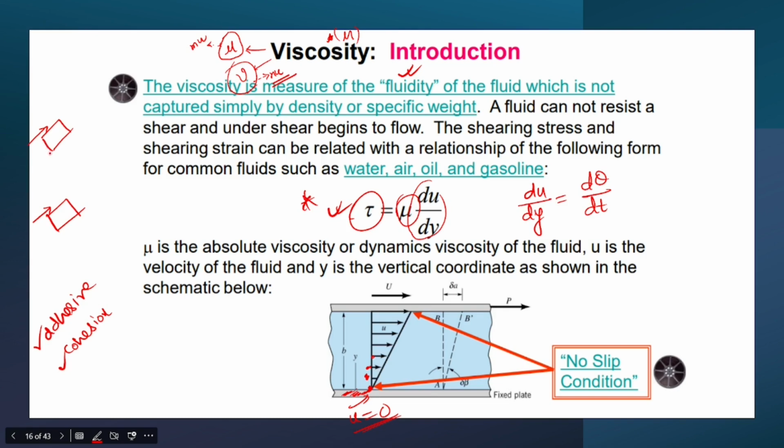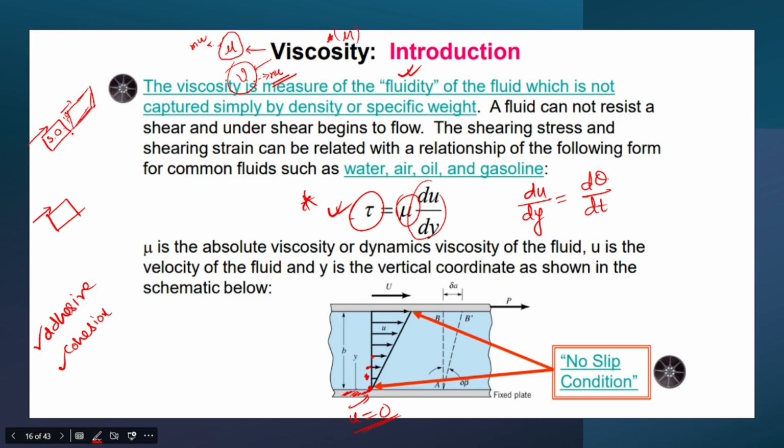If you want to deform a solid object, it will be deformed in this way, and there will be an angle here. This angle will be the strain, in this case shear strain.